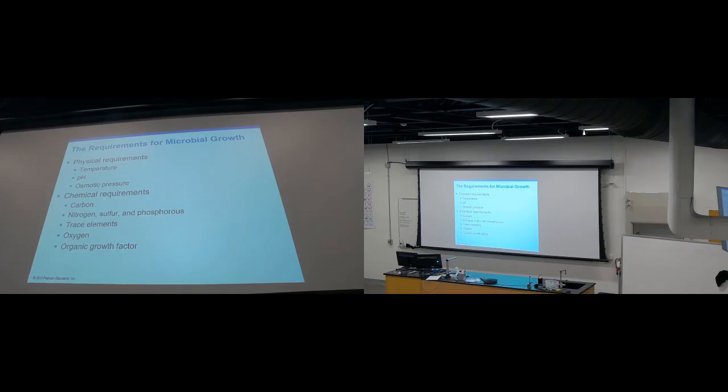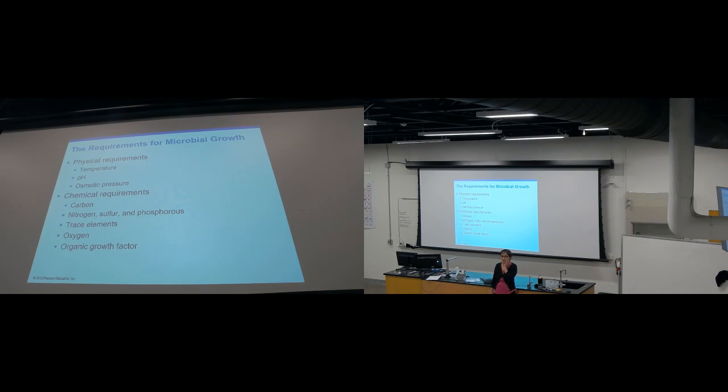Now, for chemical requirements, bacteria require a source of carbon, which they use to form DNA, to form proteins, for instance, and to generate energy. They also require nitrogen, sulfur, and phosphorus. They require trace elements, which are needed only in small amounts and are necessary for most bacteria.